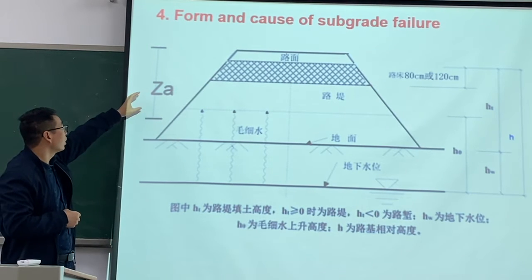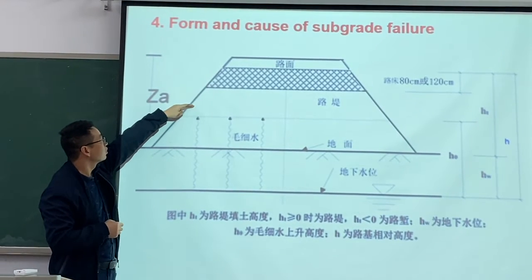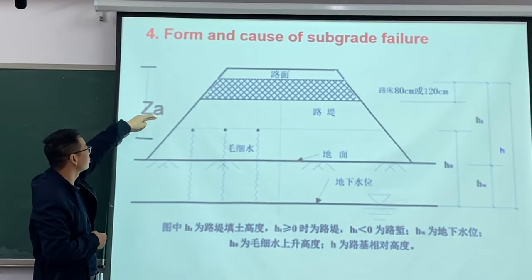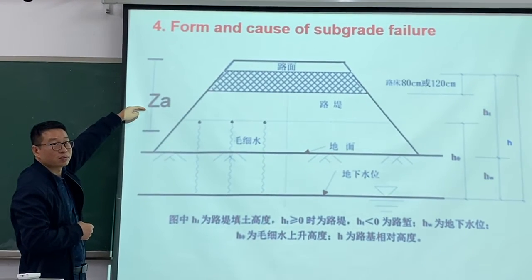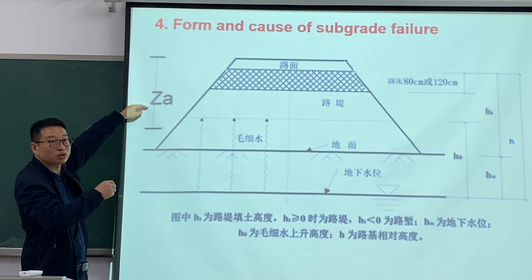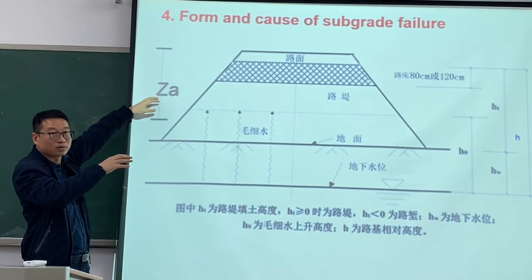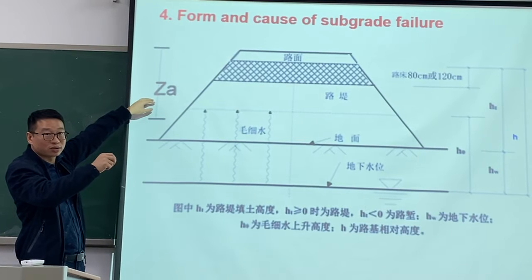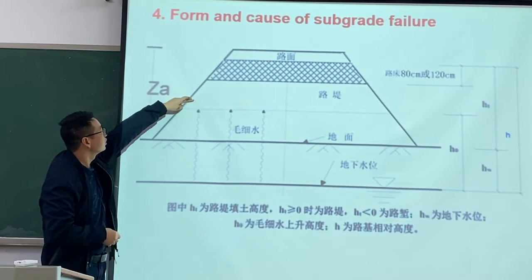But when the work zone depth dA is only to this level, which state is the subgrade? Subgrade is in which state when dA is from here to here?